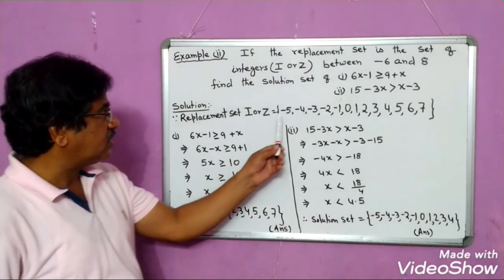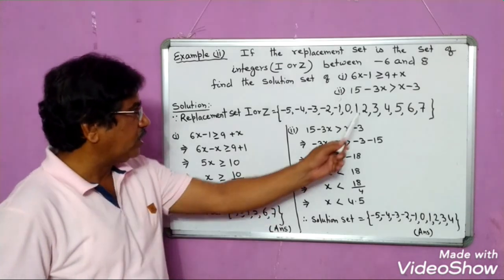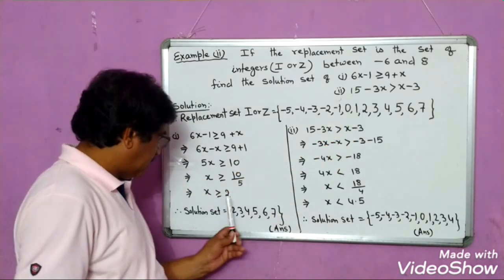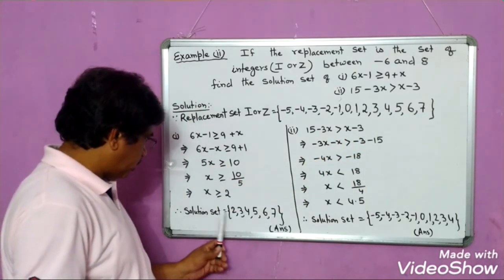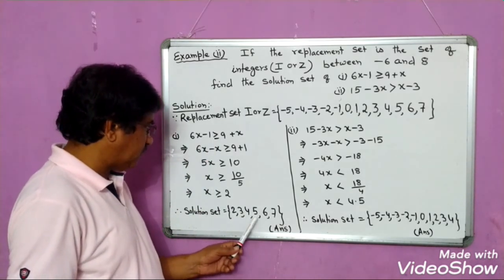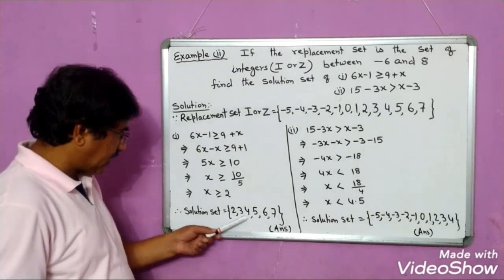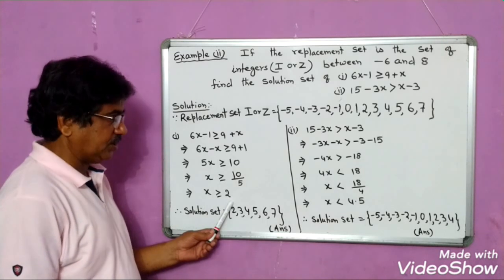The condition is greater than or equal to, so we will include 2 and then all the other elements greater than 2, that is 3, 4, 5, 6 and 7. So the solution set for this equation becomes 2, 3, 4, 5, 6 and 7, because these elements from the replacement set satisfy this condition.